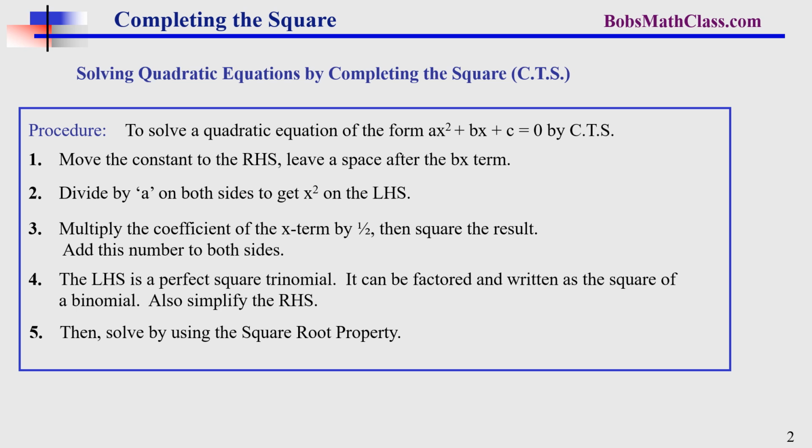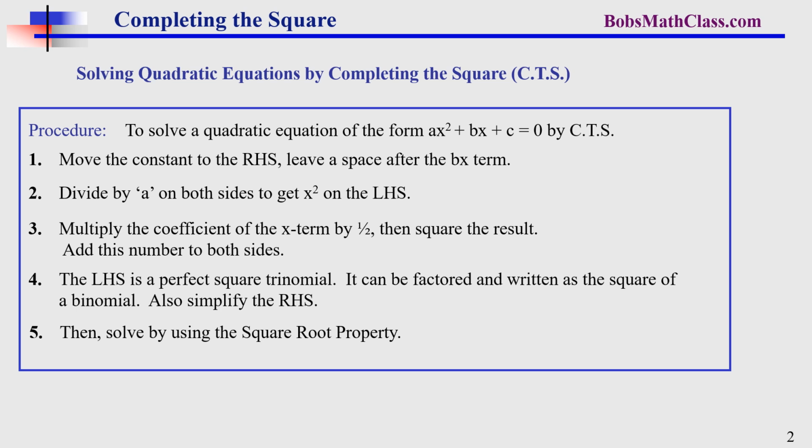There are 3 terms, and on the right of the equal sign, there's a 0. Number 1, move the constant to the right-hand side. So whatever that c is, that constant, we're going to kick it over to the right-hand side. Leave a space after the bx term. So we want our own number there.